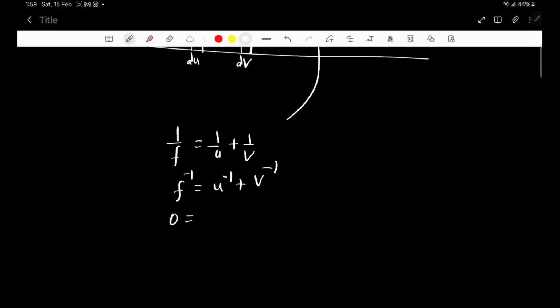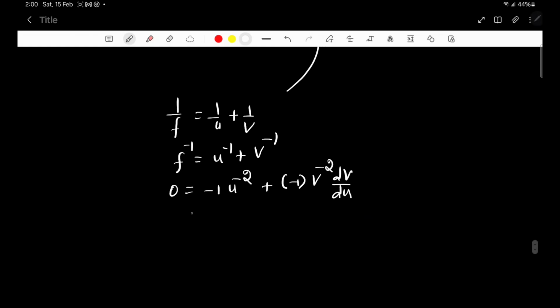If I differentiate u with respect to u, I will be getting a minus of 1 u power minus 2. And if I differentiate v with respect to u, I will be getting a minus of 1 v power minus 2 into dv by du. So, on simplifying this, I will be getting u power minus 2 equal to minus of v power minus 2 dv by du.